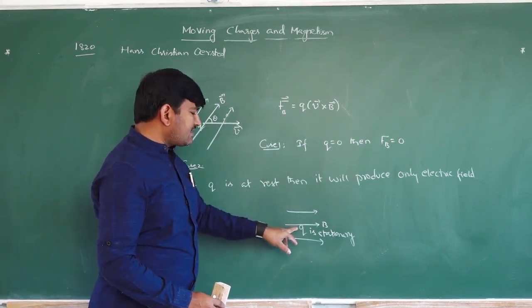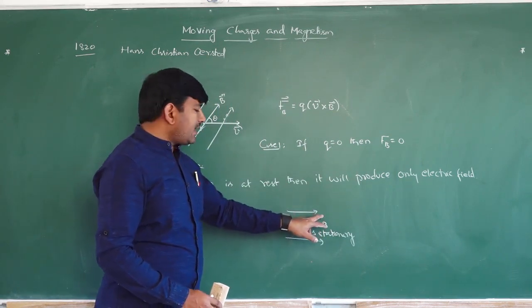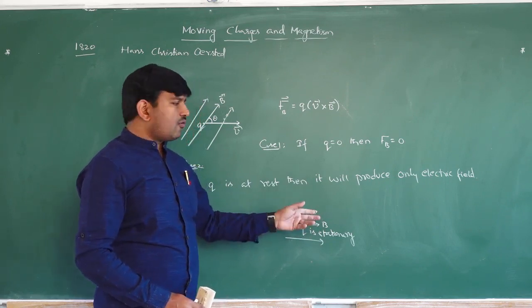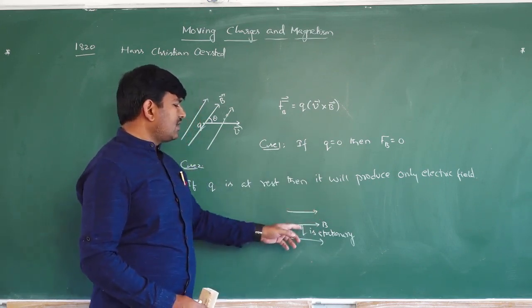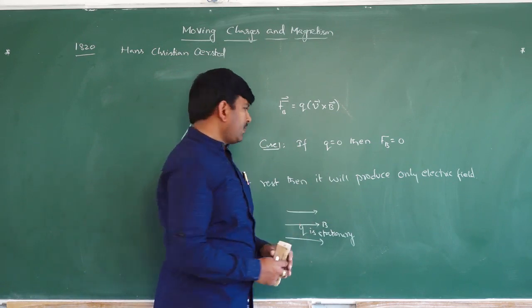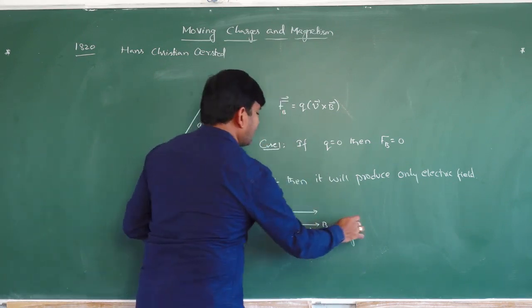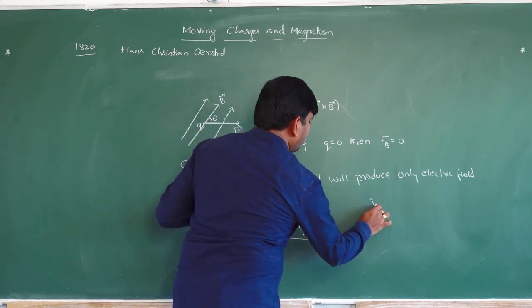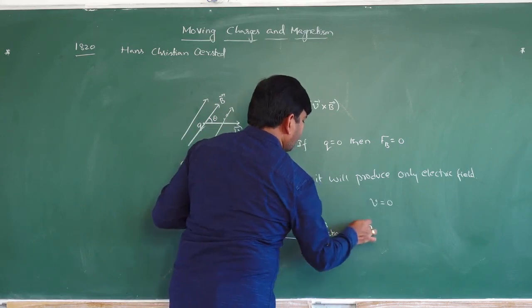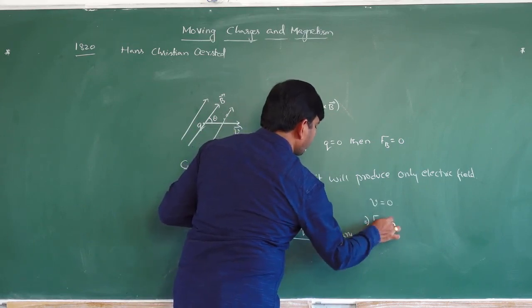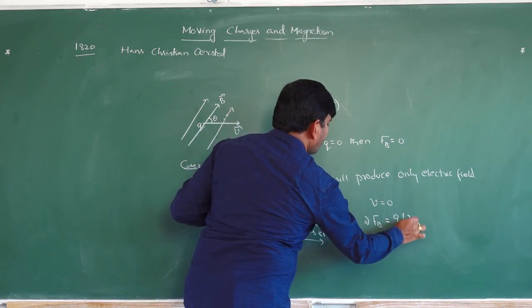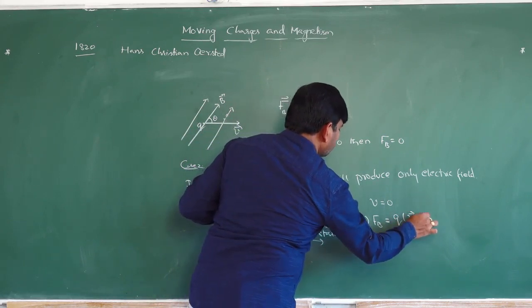Here the electric field is there and the magnetic field is there. They cannot interact directly, therefore the magnetic force acting on the charge which is at rest is 0. Or else I can say mathematically, if Q is at rest, then V is equal to 0, which implies F_B is equal to Q into V bar cross B bar.